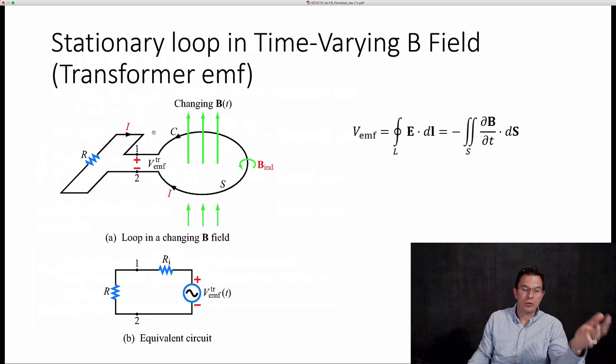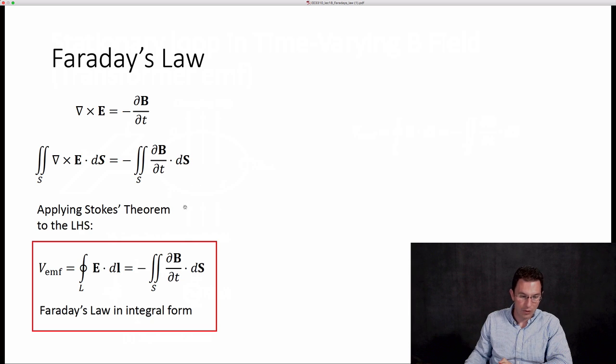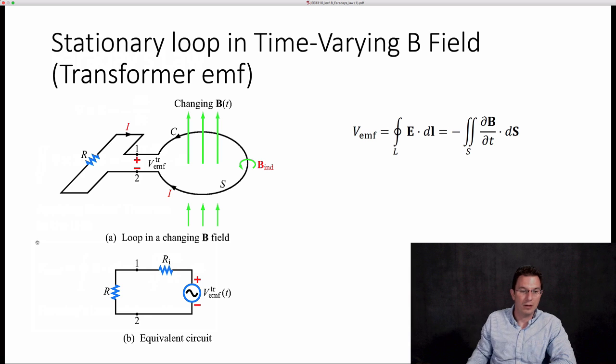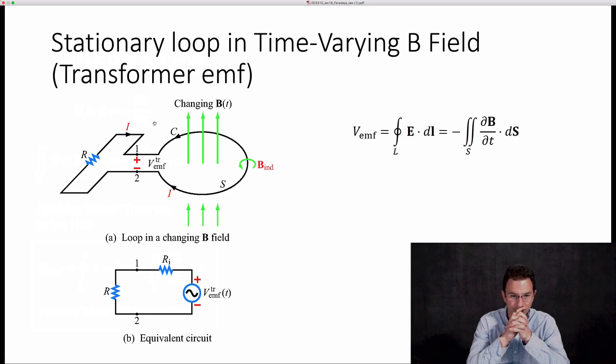And that's what we call transformer EMF. It's just due to the fact that Faraday's law says, okay, if you have a time-varying magnetic field throughout the area of the loop, then you're going to get a voltage that develops between opposite sides like this, essentially.